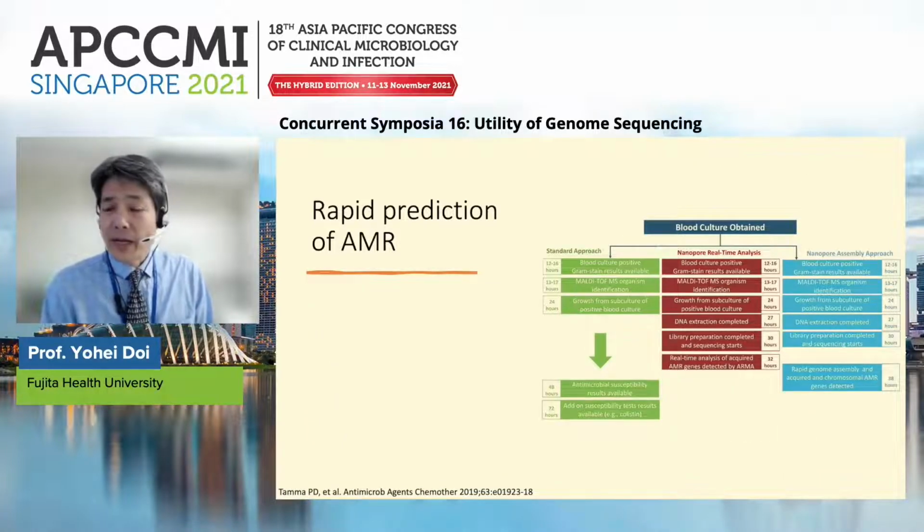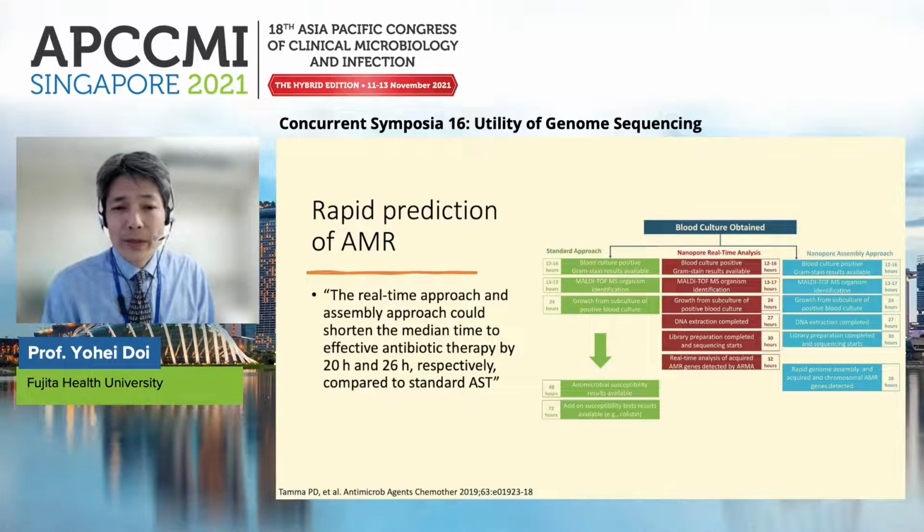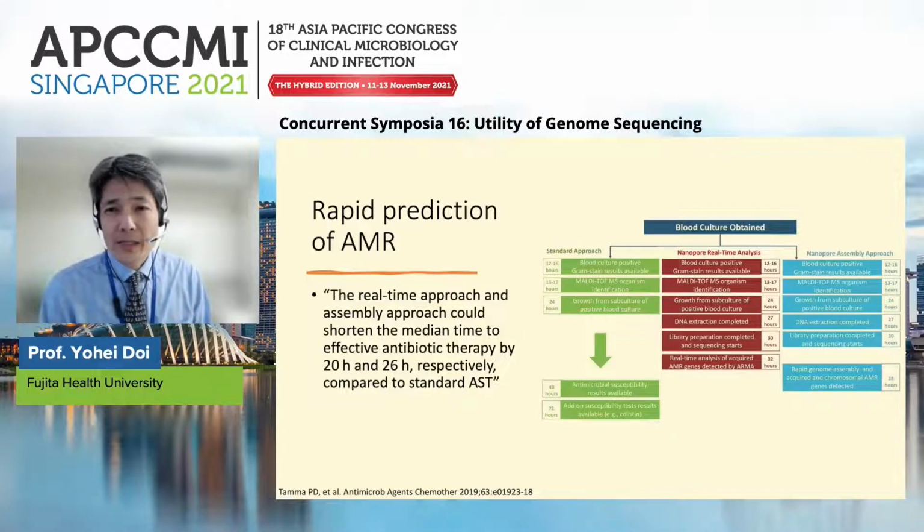And here's the timeline of the 3 methods. The real-time approach and assembly approach could shorten the median time to effective antibiotic therapy, hypothetically, by 20 hours and 26 hours, respectively, compared with standard susceptibility testing.